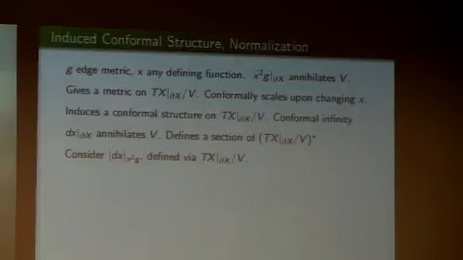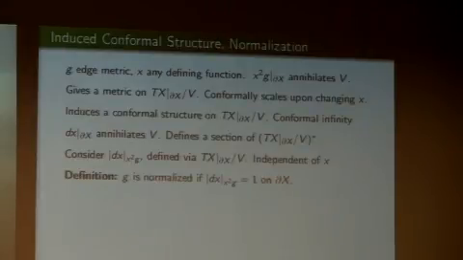So we do just what we did before. Now just view everything as defined on this quotient space, and once again we get some number because the scalings cancel out just like they did before. So this is independent of x. This is an invariant of an edge metric. We'll say the edge metric is normalized if this is 1. This is the analog of asymptotically hyperbolic, so I'm just going to call it a normalized edge metric.